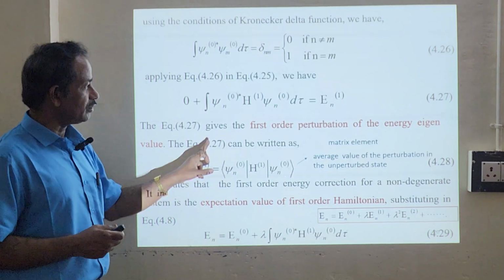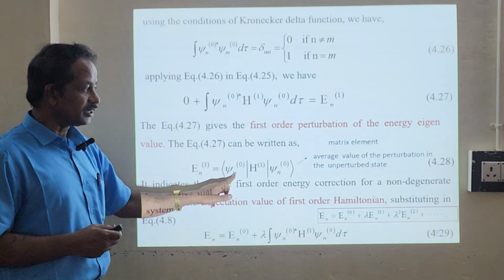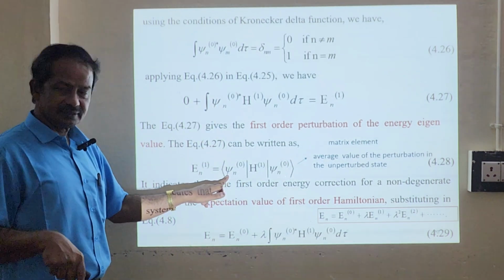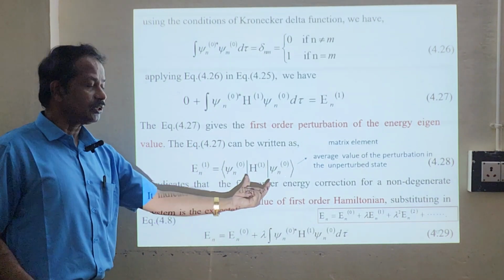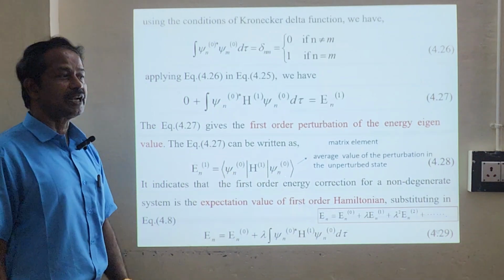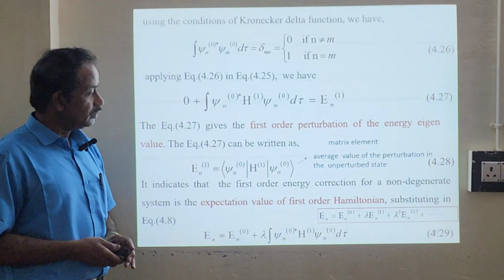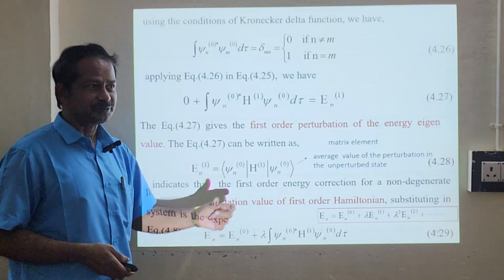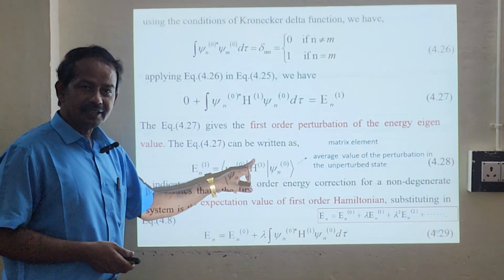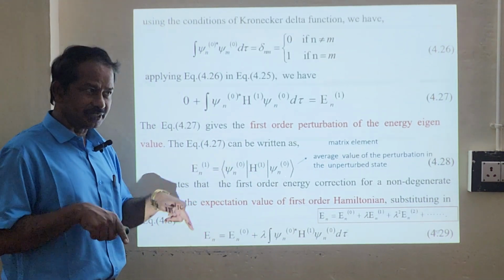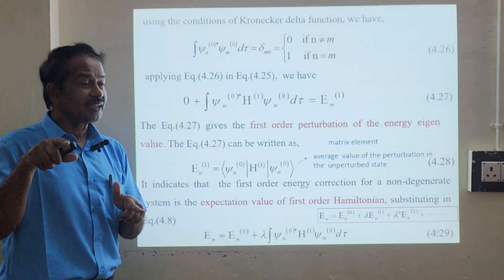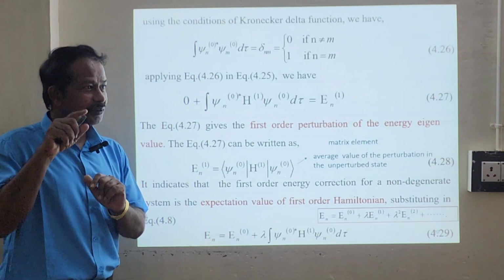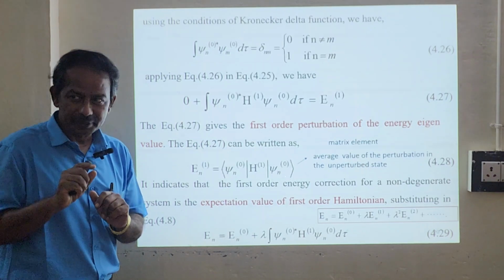So we have calculated now En1. So En1 equals, in terms of wave function, in terms of ket-bra notation, H1 sandwiched between ket psi n and bra psi n. What is this one? This is the expectation value of the H1 perturbed system. Your H will be H0 plus lambda H1. Can you remember?